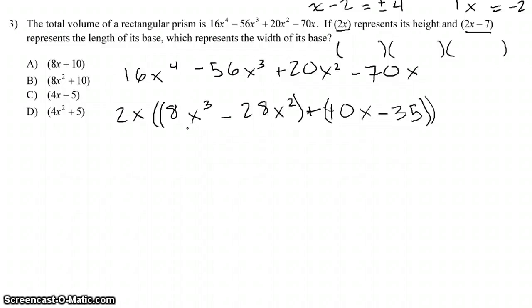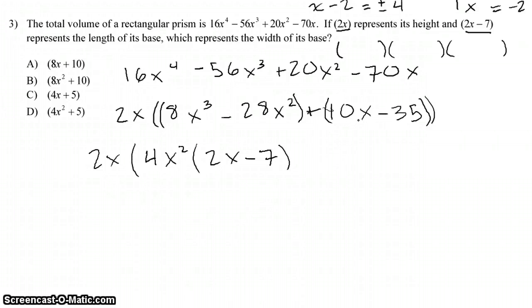If I want a 2x minus 7 left inside, I have to pull out a 4x squared, because 8 divided by 4 is 2, and I want a 2 left over. So that 2x is still off by itself, but let's see. Here I'm going to pull out a 4x squared, and left inside is going to be the 2x, and this divided by 4 is minus 7. Good, that's what we want left inside.